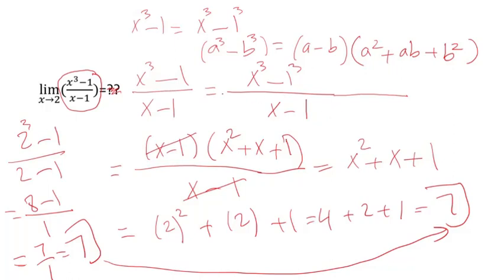But you would have to go through this identity, because once I simplified it, if x was approaching 1, then I can replace x with 1, and 1 squared plus 1 plus 1 is 3.